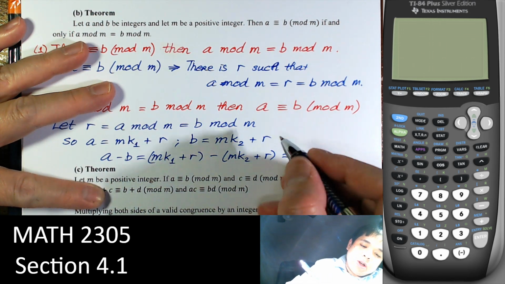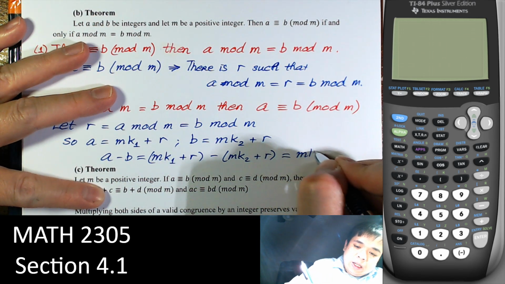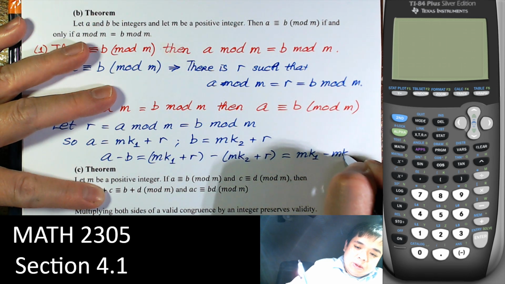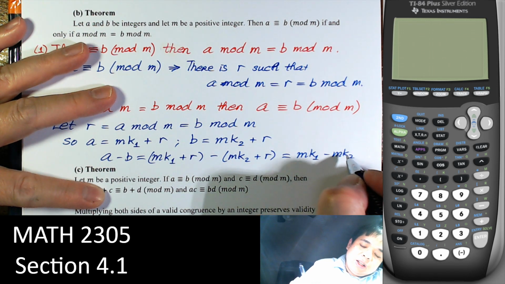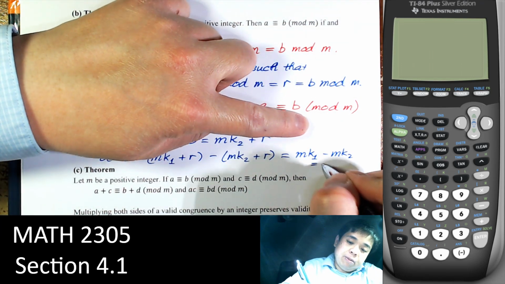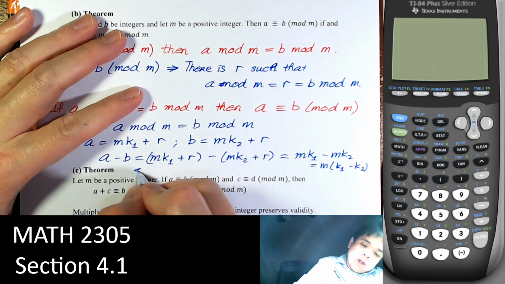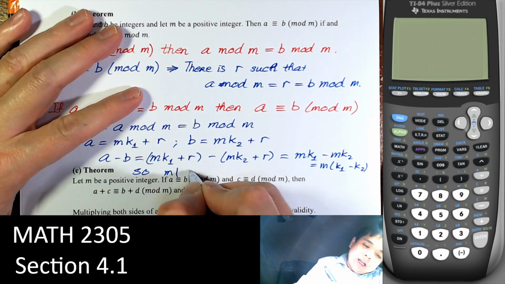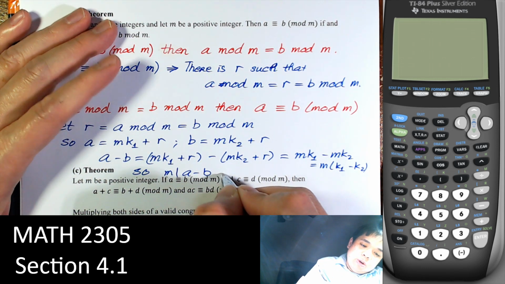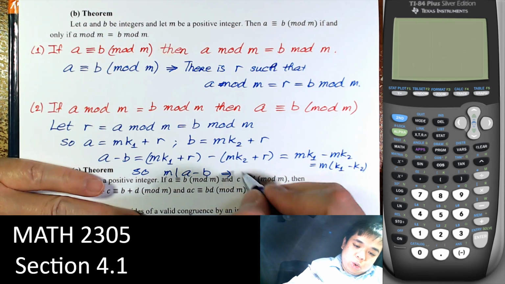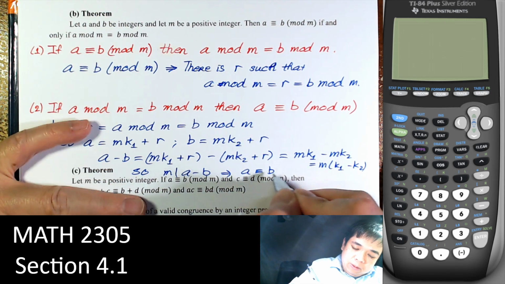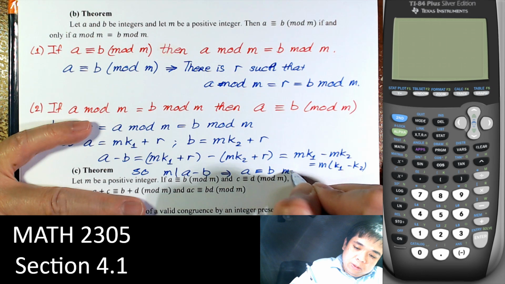The r minus r cancels out, and we have m k1 minus m k2. So we can factor out m times k1 minus k2. So we say m divides a minus b, therefore they're congruent mod m.